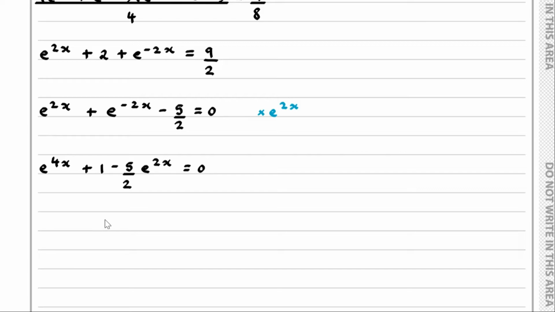And this is equal to 0. And if I multiply through by 2, we are left with 2e^(4x) minus 5e^(2x) plus 2 equals 0.